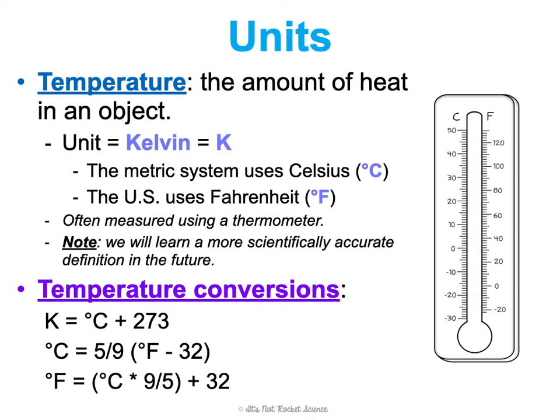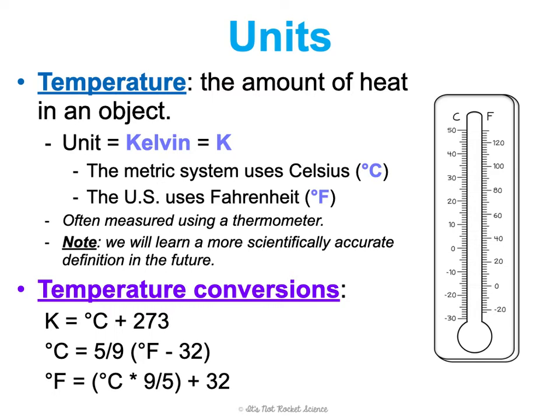And I'll just tell you this, I personally am not a fan of fractions. So I actually convert my fractions into a decimal to make it easier to manipulate. So if you would like to do that, 5/9 actually can convert to 0.55. So instead of using 5/9, if you want to use 0.55, please feel free.